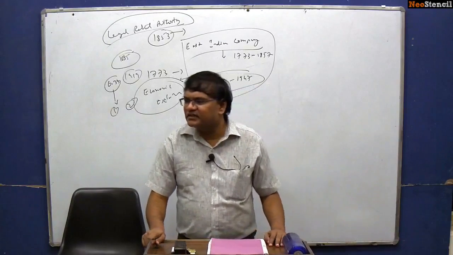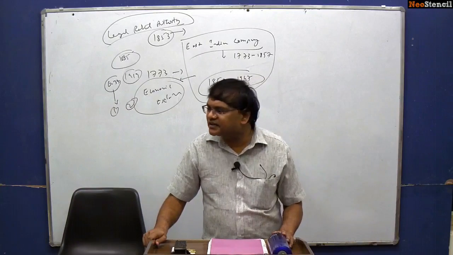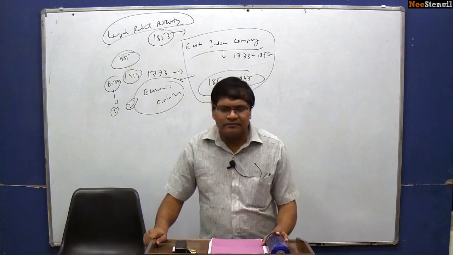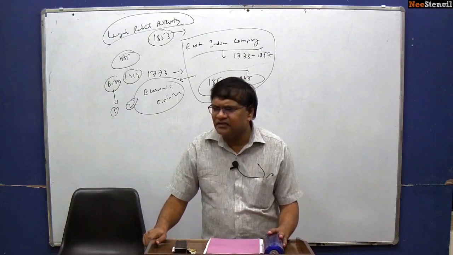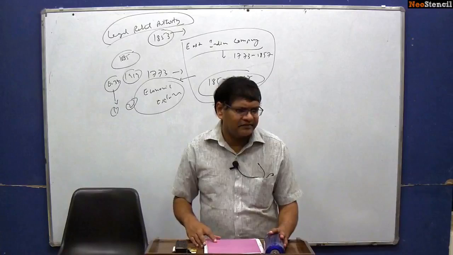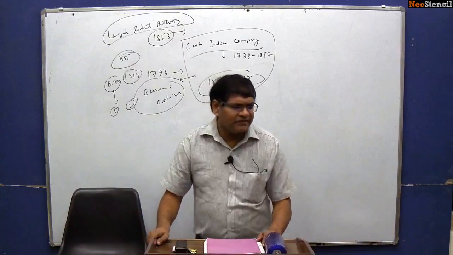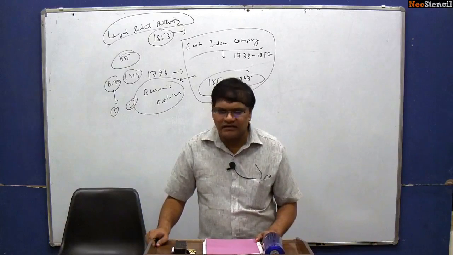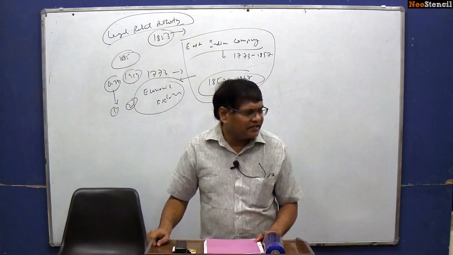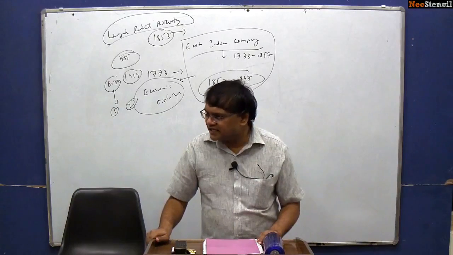We made a comparison with all the constitutions around the world, and finally it was decided that India would have a parliamentary democracy. Why? Because there were so many reasons, which we shall be discussing in a detailed manner. One of the important reasons was that India already had the experience of parliamentary democracy with the 1919 Government of India Act as well as the 1935 Government of India Act.